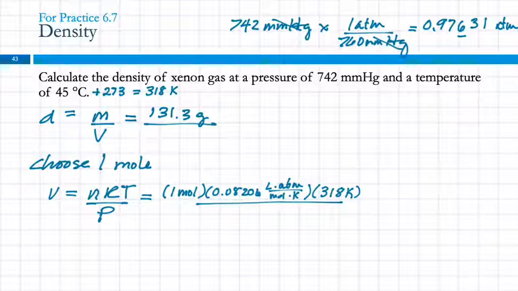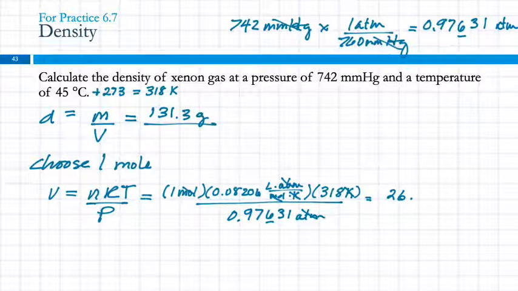So down in the bottom here, 0.97631 atmospheres. Atmospheres cancel, kelvins cancel, moles cancel. 0.728 liters.